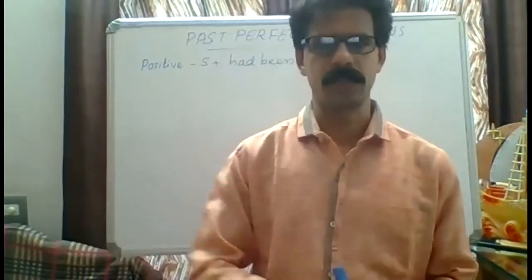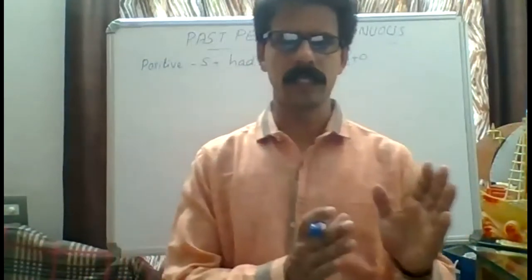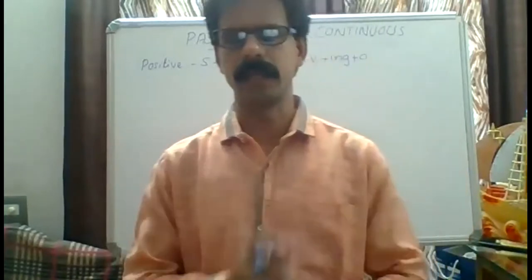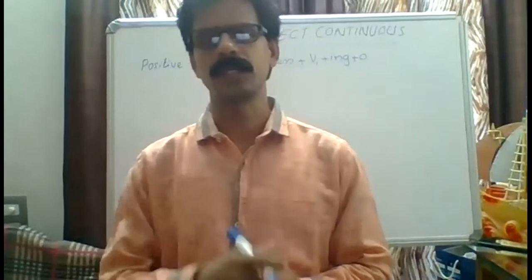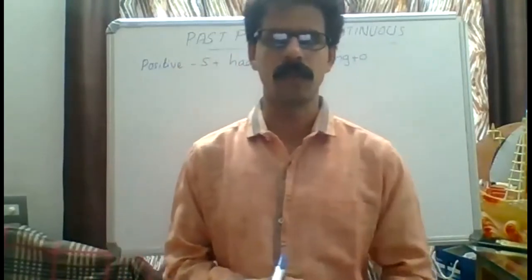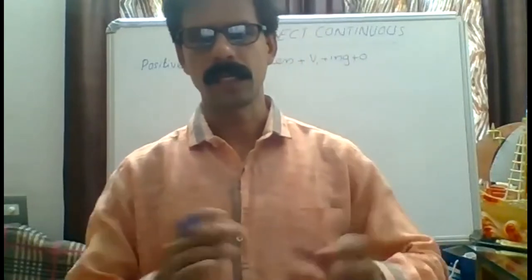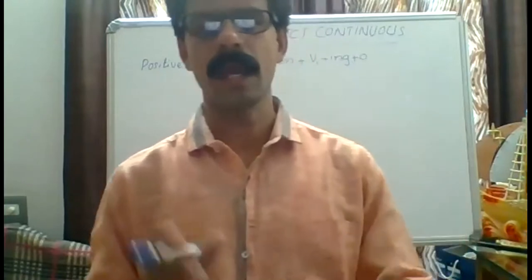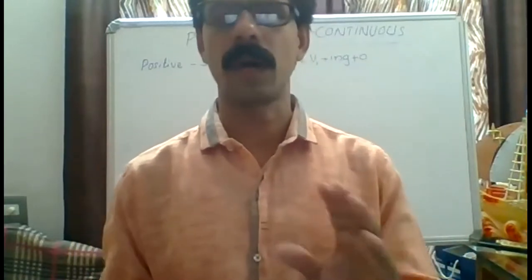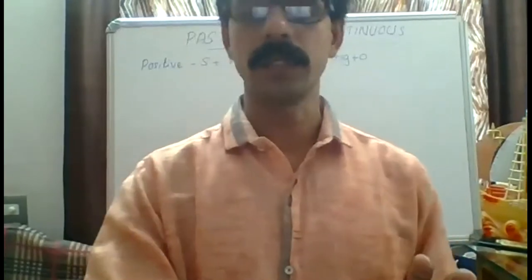There will be first the subject, we know. After the subject, had and been, had been. Subject had been plus v1 plus ing is the structural form of past perfect continuous. We understood present perfect continuous very clearly, and now we are going with the past perfect continuous.